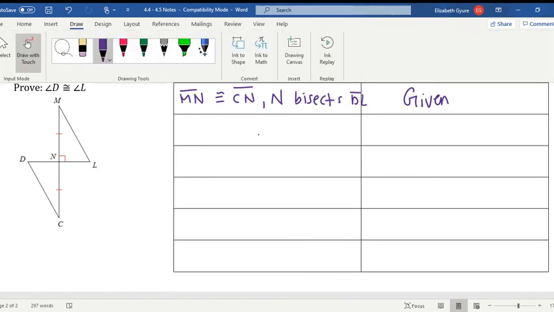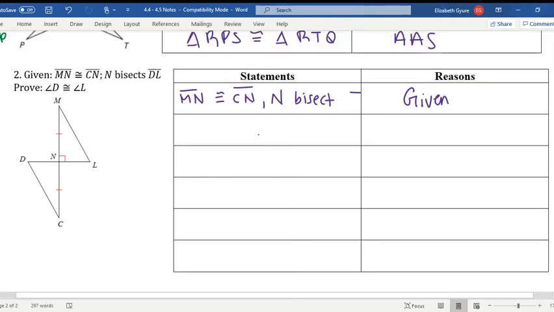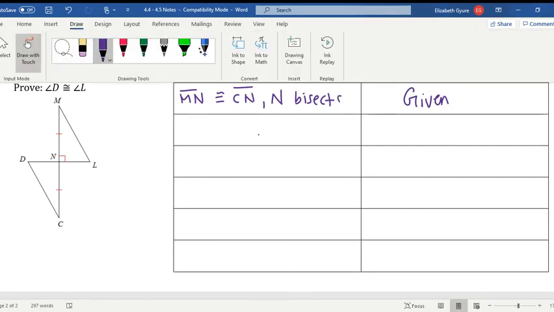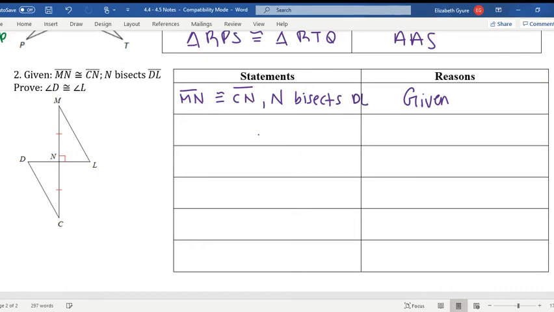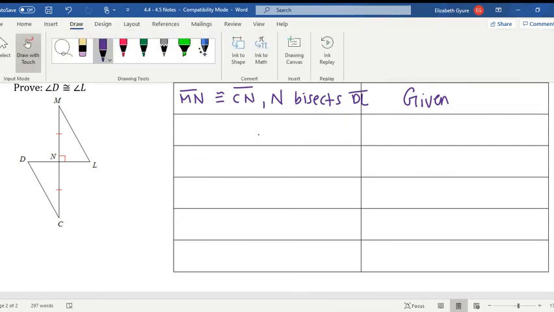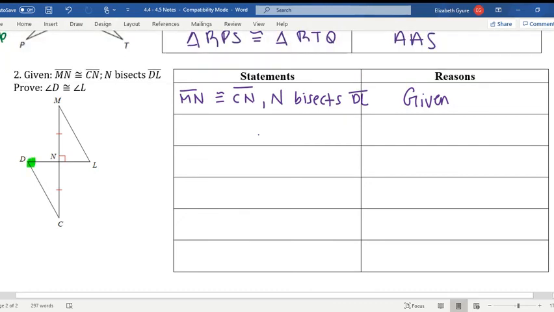And it says we need to prove angle D is congruent to angle L. Okay, we got to show a set of angles is congruent, specifically these two. In order to show those are congruent, what are we going to have to prove first?